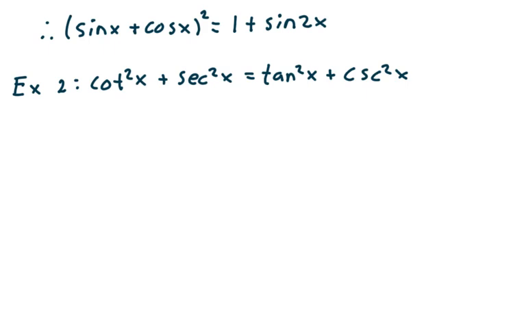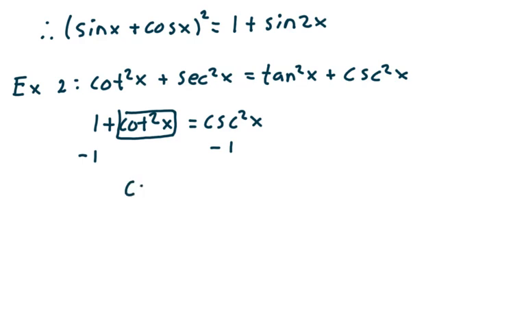Now, this one's a really good problem, because if I take 1 plus cotangent squared x, we get cosecant squared x. But what I want to do is solve for cotangent squared x. So I'm going to subtract 1 on both sides, and I'm going to notice that cotangent squared x is cosecant squared x minus 1.